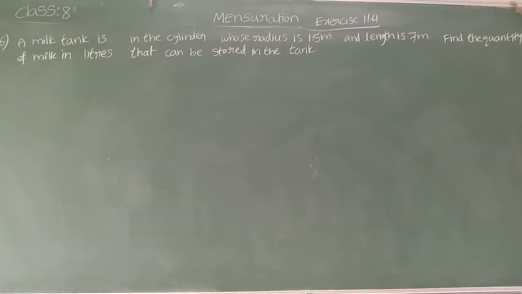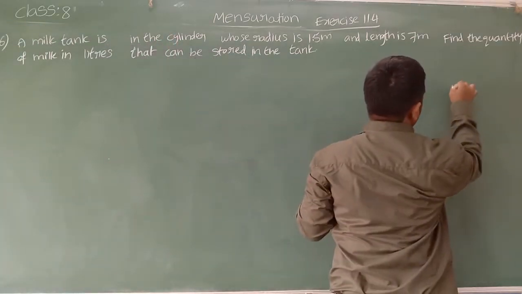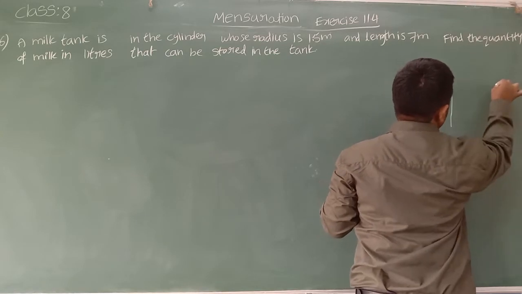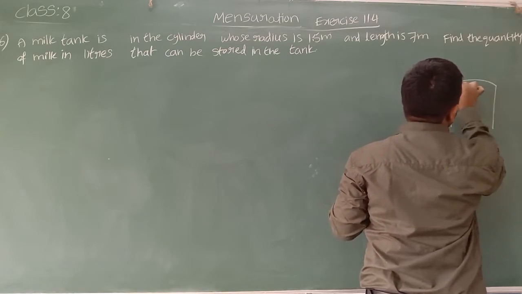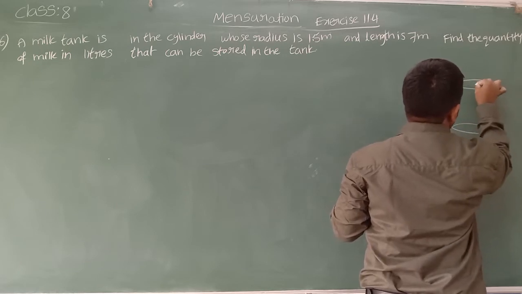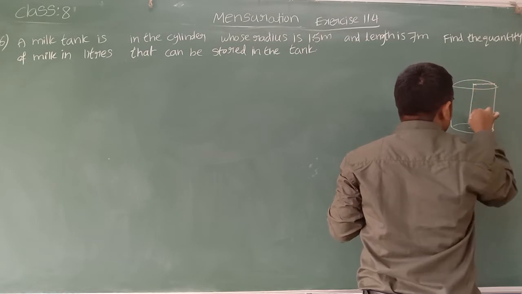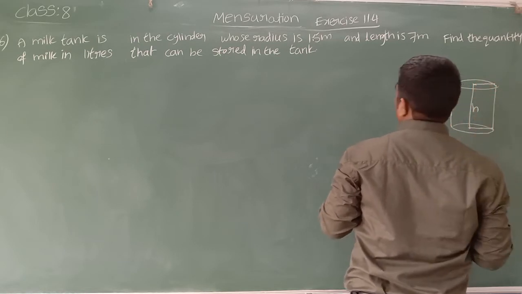Children, you can see one more here from exercise 11.4, question 6. A milk tank is in the shape of a cylinder. So here we have a milk tank which is in the shape of a cylinder itself, whose top and bottom are circles, and the distance between the top circle and bottom circle is known as the height of the cylinder.